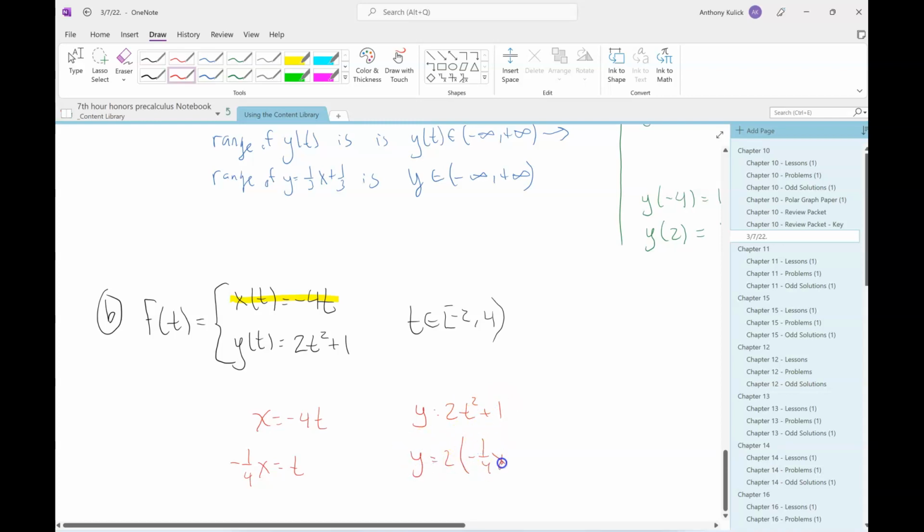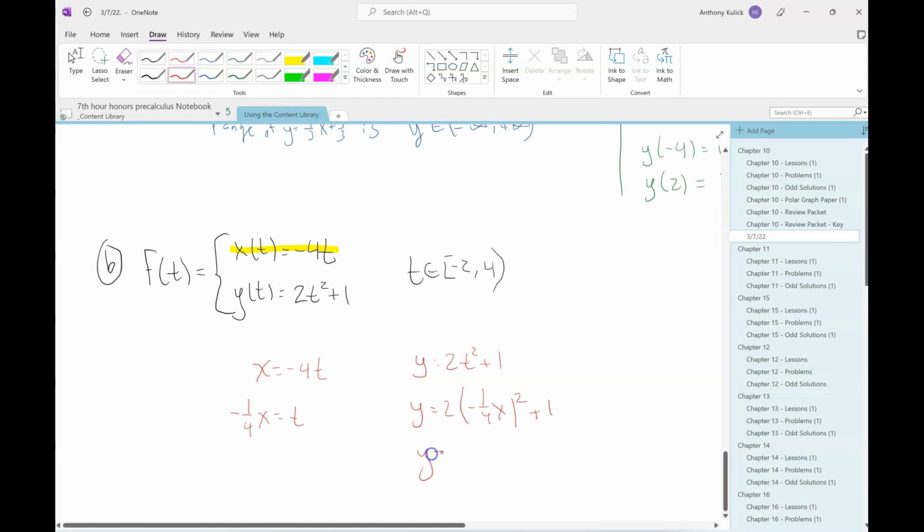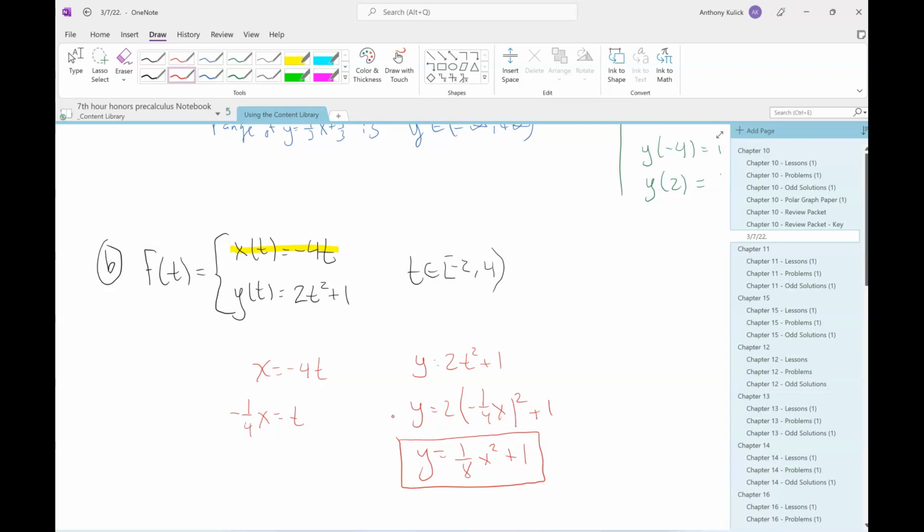And at this point, you're probably thinking, yo, Mr. Kulik, this is no big deal. I got it. We're done, right? Oh, no. Sweet child. We must worry about the domain and range part. That's more typically going to be the more challenging piece.